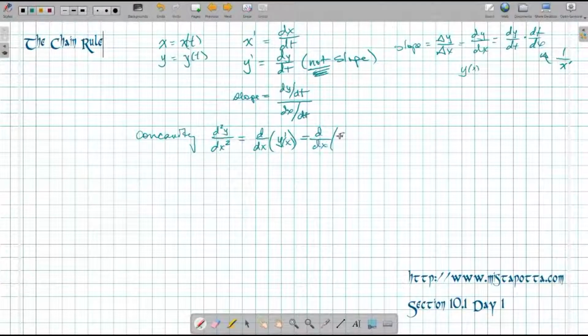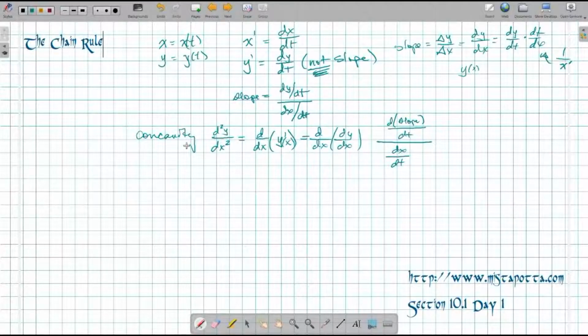So what we're really doing is we're looking at the derivative with respect to x of this dy/dx that we had. So in other words, this is really going to be the derivative of my slope with respect to t divided by the derivative of x with respect to t.